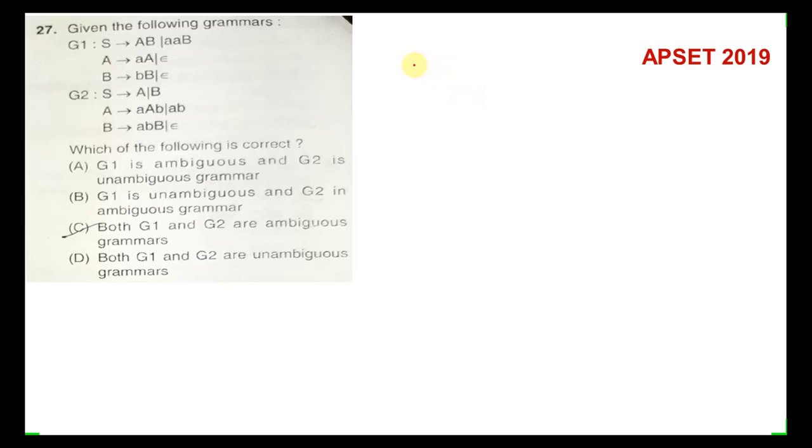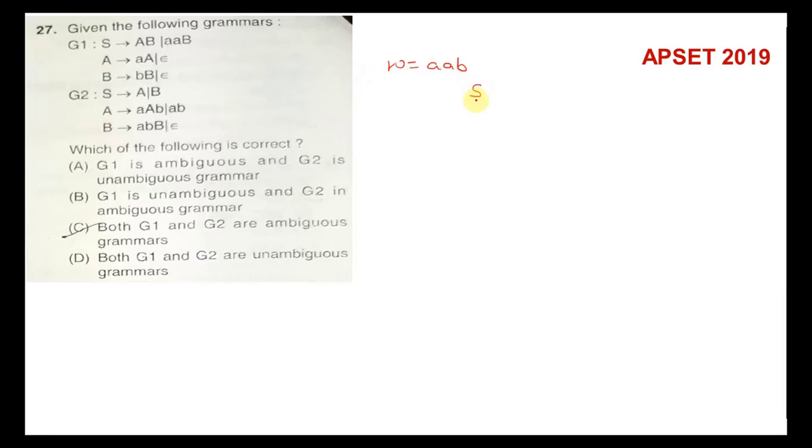Okay, first take the G1 grammar, and before taking the grammar we have to consider a string. Here I am considering the string W equal to AB for the G1 grammar, and I try to get this string from the G1 grammar.